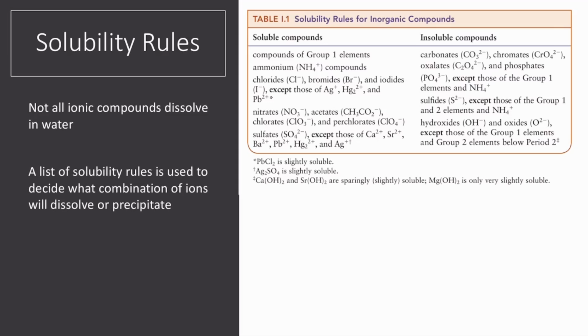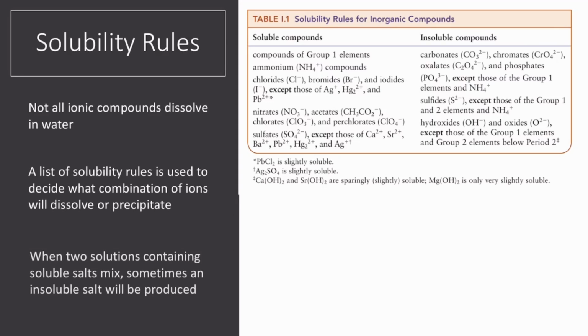A problem that we will encounter in this chapter is that of a mixture of two aqueous solutions that contain soluble salts, and when they mix together, sometimes an insoluble salt or a precipitate will be produced. Let's go over one example, and let's use this table to predict and make sure that we're getting the right precipitate.